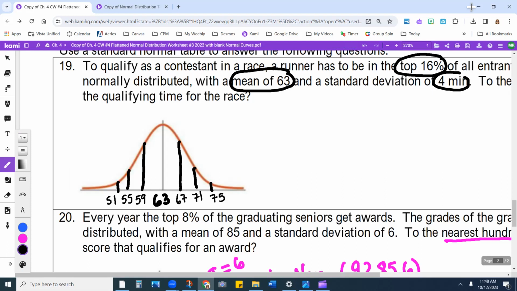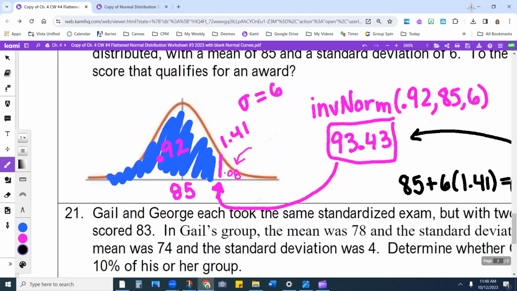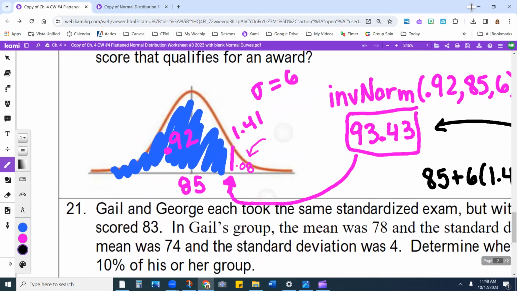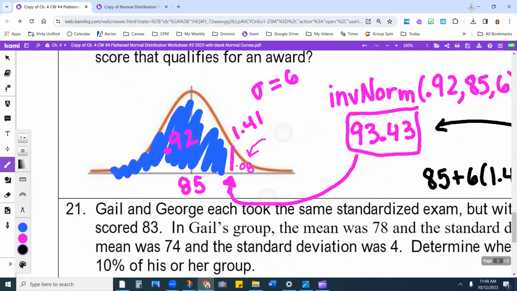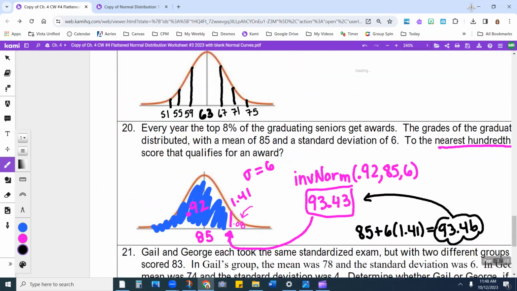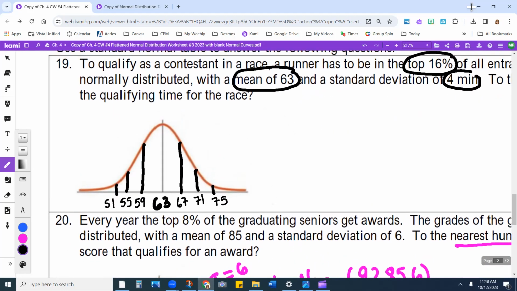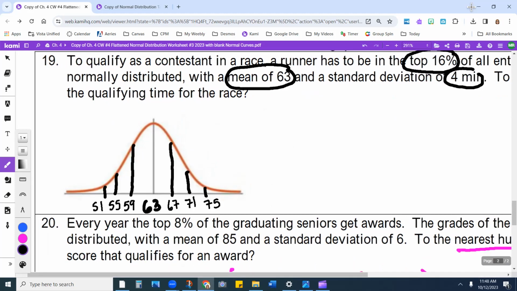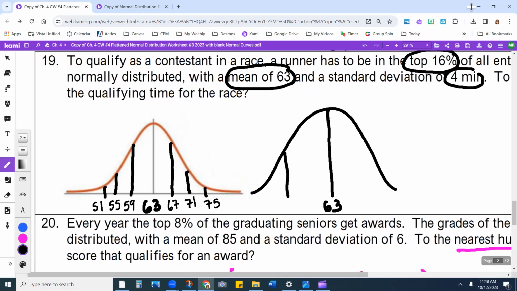And so I don't know where it is on this, but what I want you to understand is that when we want to be in the top 16%, unlike the test, where I want to be to the right of my mean because I want to score higher, since this is a race and you want to have a smaller score, I actually want to be on this side of the curve. I'm just going to redraw it without the values there. So here, this is my 63. I want to be over here, 0.16.